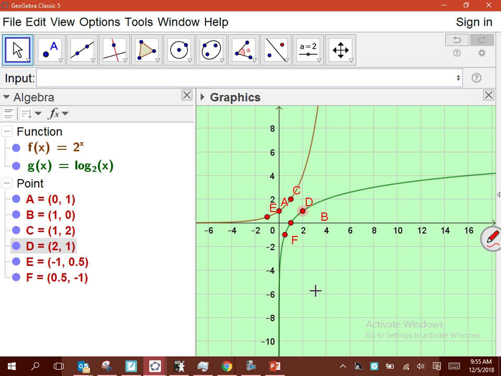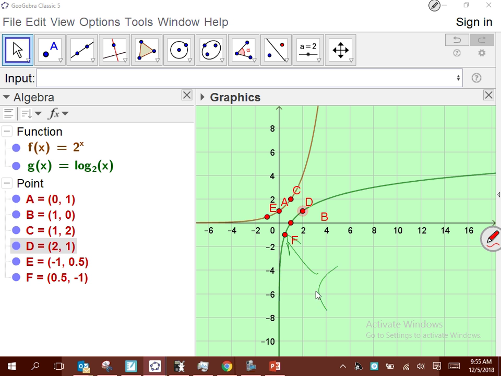Okay. Now, if you want to use that route, that's fine. There's another way of doing it. We could say this point here was always -1 comma 1 over a, right? So won't this be 1 over a comma -1? This one here will always be 1 comma 0.